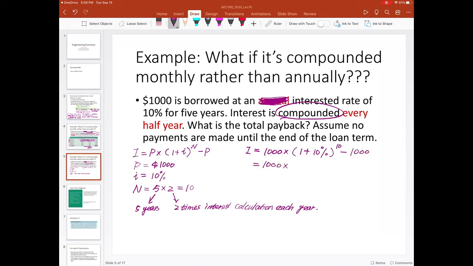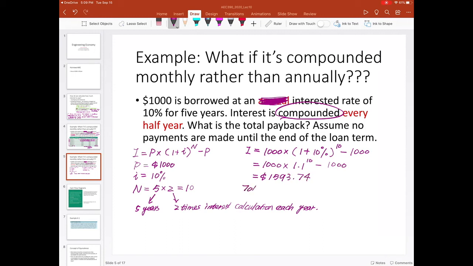So it's 1,000 times 1.1 to the power of 10 minus 1,000, which is 1593.74.